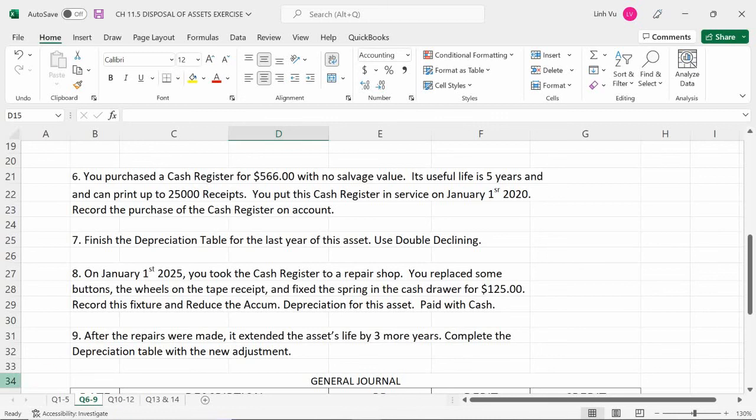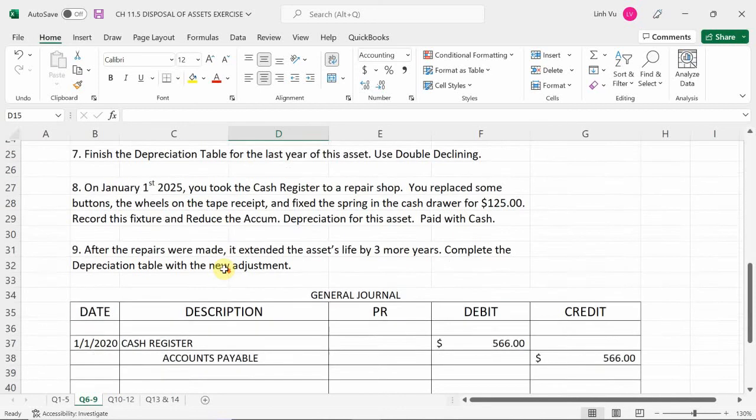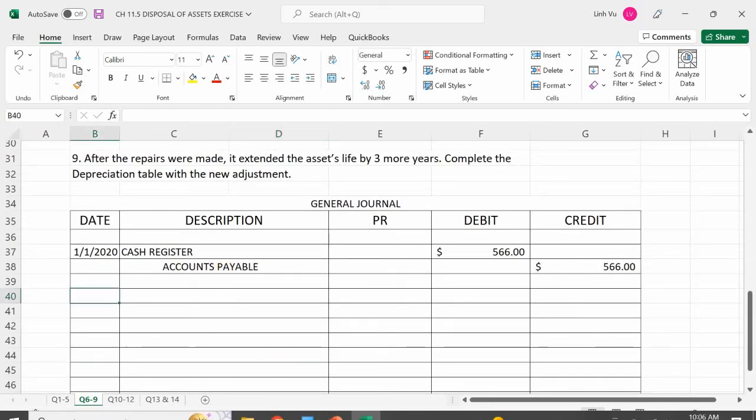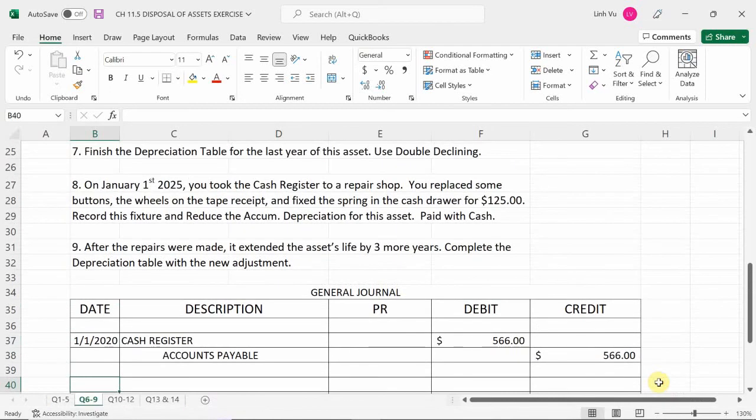Right. So how do I journalize that I'm going to add a fixture to my machine? So January 1st of 2025, I paid $125 to fix my machine, right? Right. And it says right here that I want you to reduce the accumulated depreciation. So how are you going to do that?